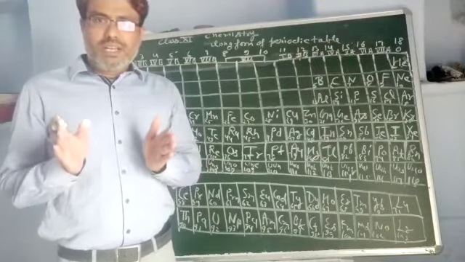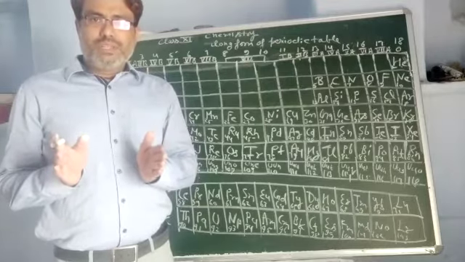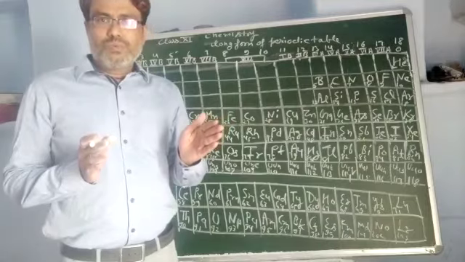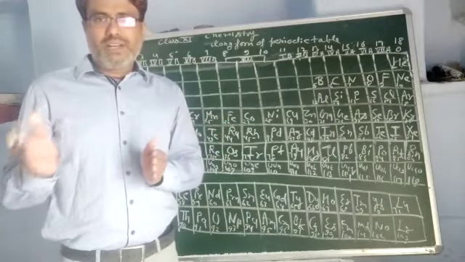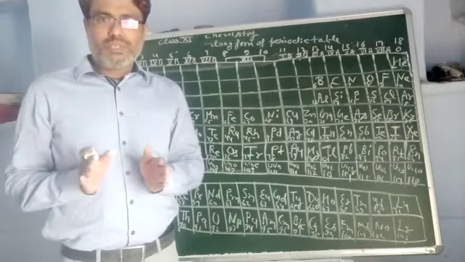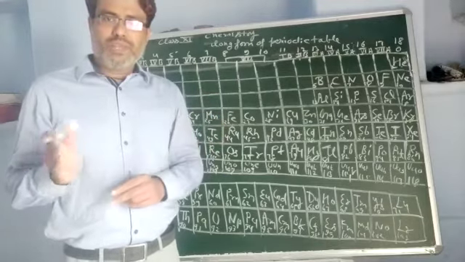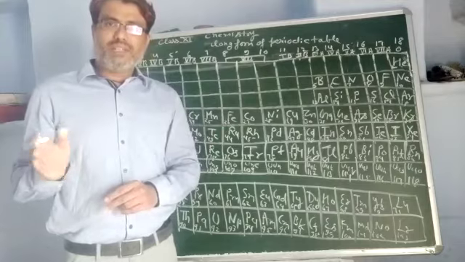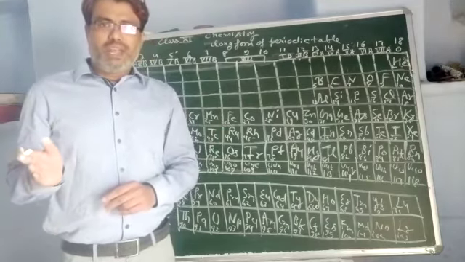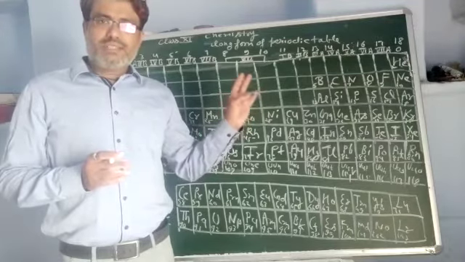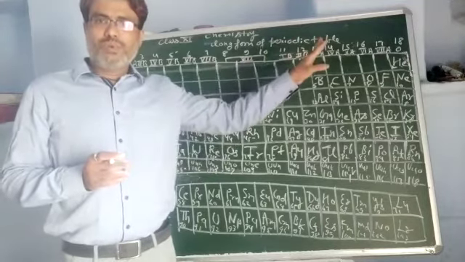From 1st to 7th, they are further divided into 2 subgroups, like 1st A, B, 2nd A, B, 3rd A, B, 4th A, B, 5th A, B, 6th A, B, and 7th A, B. And then the 8th group is not further divided. And the last, which I am saying is the 9th, is actually the 0 group.